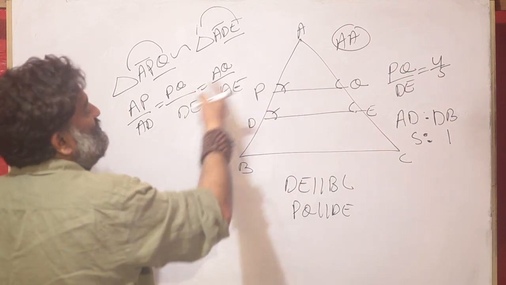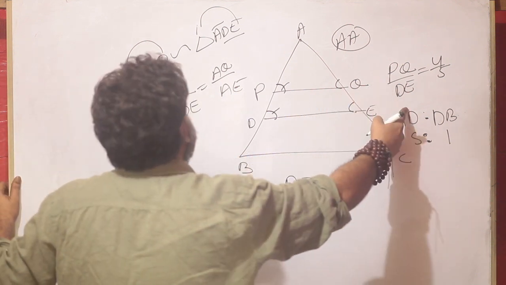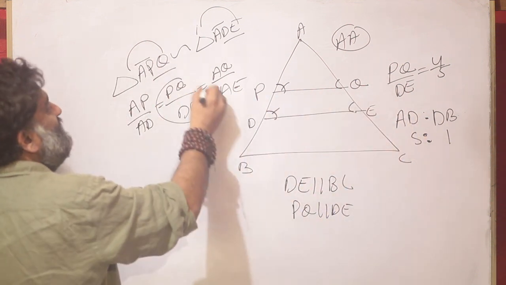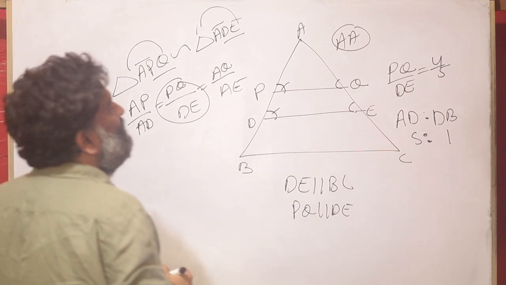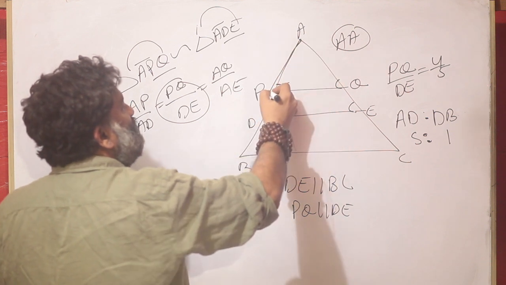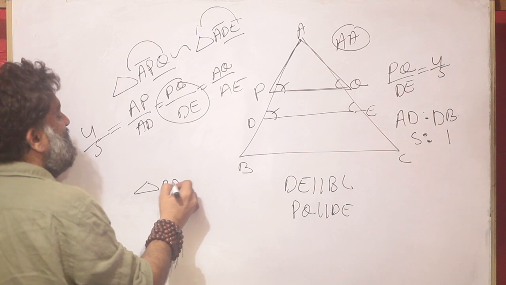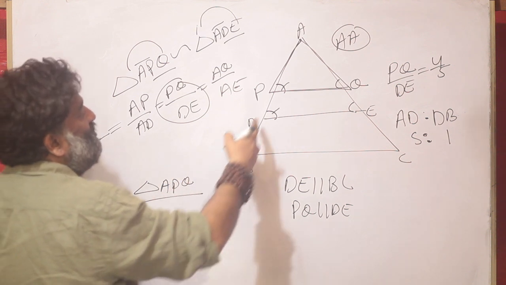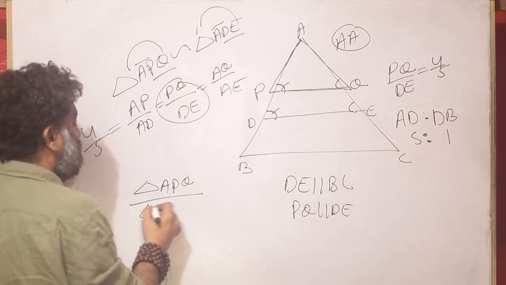So I know this ratio is going to be fixed, and I have PQ upon DE, which means all of this is going to be equal to 4 by 5. And say now my question is, what is the ratio of the area of triangle APQ to the area of the trapezium DPQE?